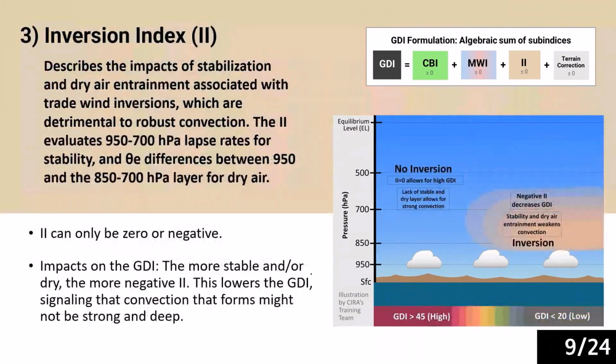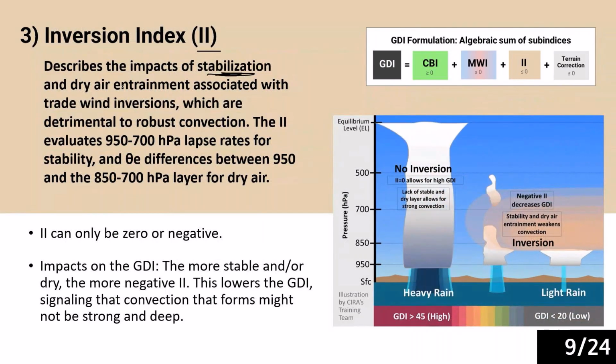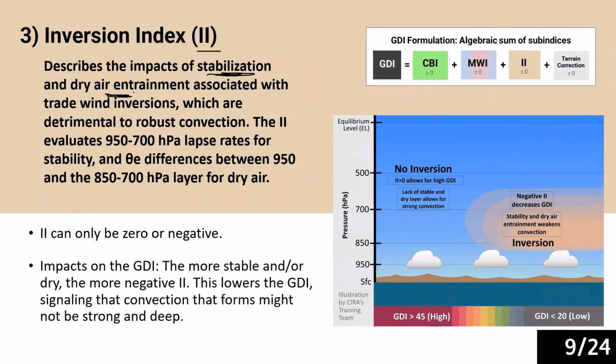Now, the third index is the inversion index, the II, and this index does two things. It describes the impacts of stabilization and also dry air entrainment associated with trade wind inversions or temperature inversions in the lower troposphere. These are very common in the trade wind regimes.